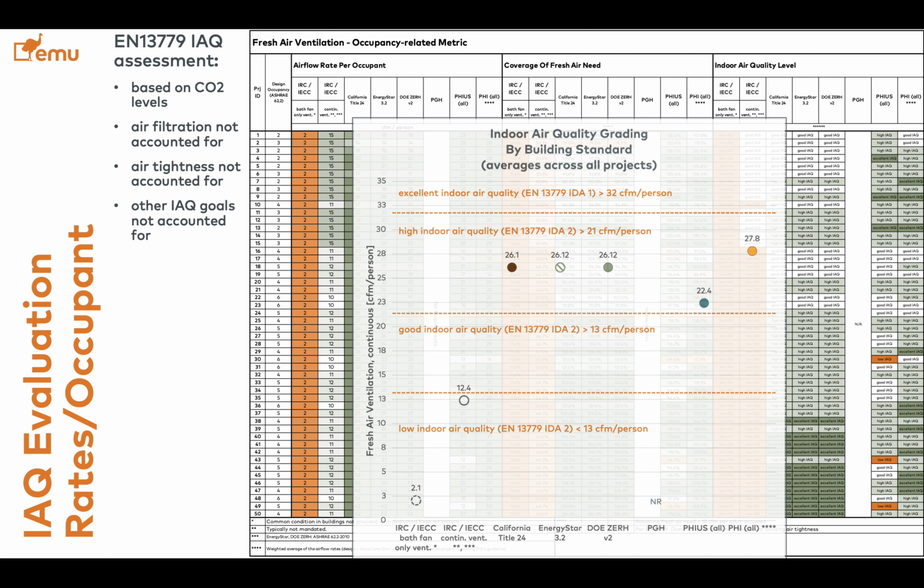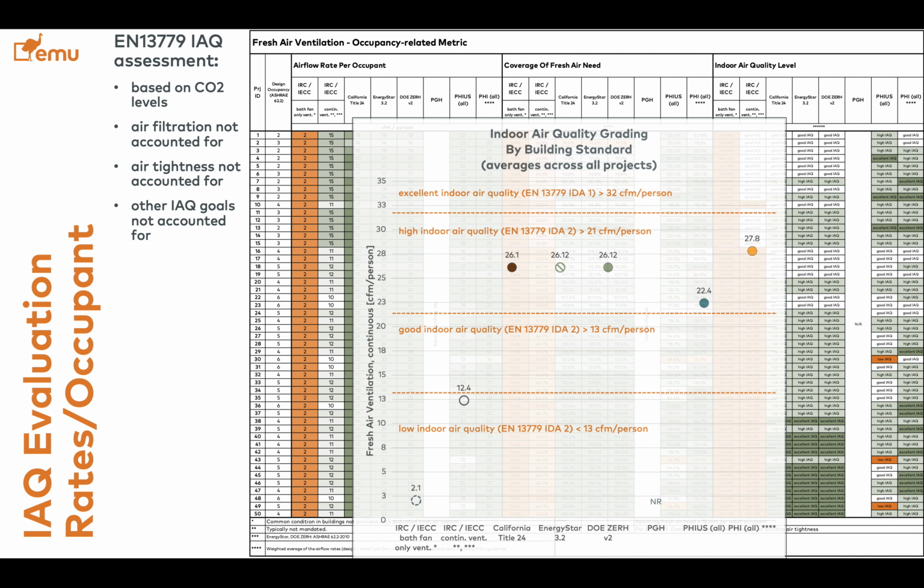cubic feet per minute of fresh air supplied on average per person over 24 hours if you're just bringing in air by using your bathroom fans. You know, a lot of homes are set up that way because that is what the minimum code is. But to compare apples to apples, we look at, let's assume the IECC has the continuous ventilation.